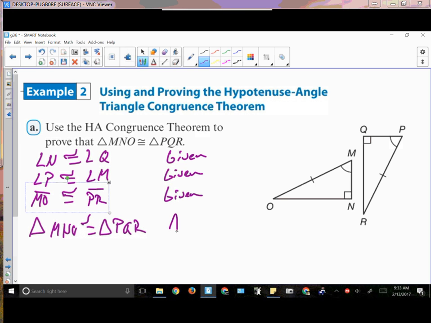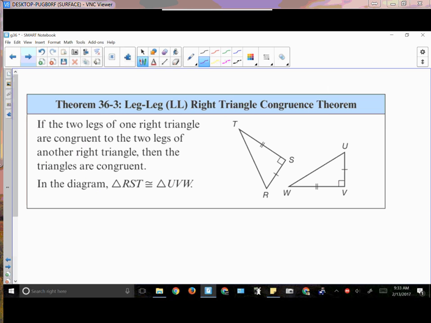So, by angle, angle, side, we know that these two triangles would be congruent. Therefore, if we have a right triangle and we are given a hypotenuse and one of the angles, we know that the triangles are congruent. HL or HA triangle congruence there. So, here's the next one. Get this information down, we'll go through this one.